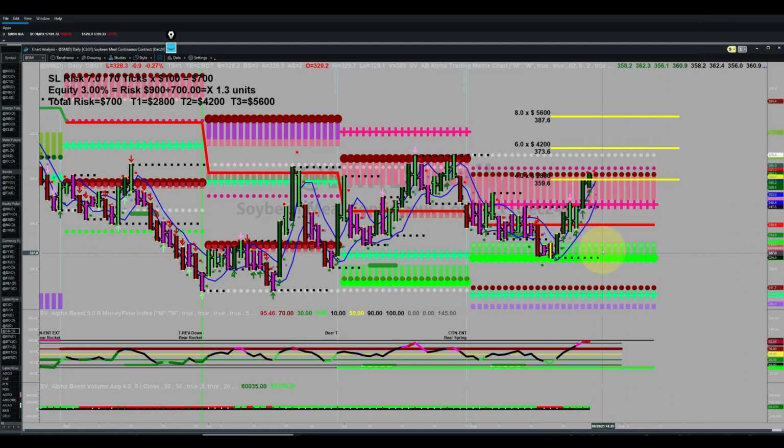Okay, as you can see, just a few days later, your first target is hit. If you would have placed your profit target at 4 times risk, you would have already been out with $2,800. But sometimes when you see the dark green bars, it means the market is strong.